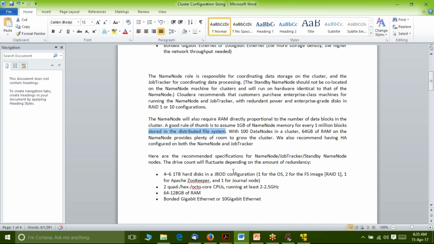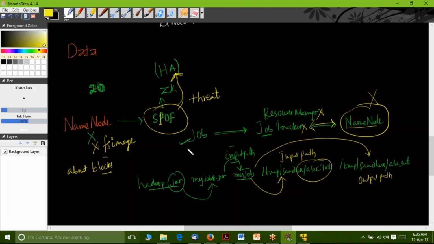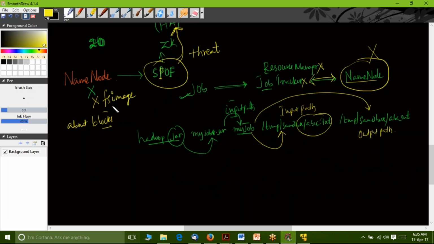It's not related to administration, but we still need to have the understanding. We have two things. One is the FS image, which I mentioned. That is the static storage. And we have one more thing called the edits log. This is the delta, the changes that are happening to your file system.